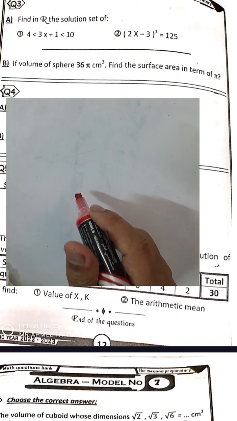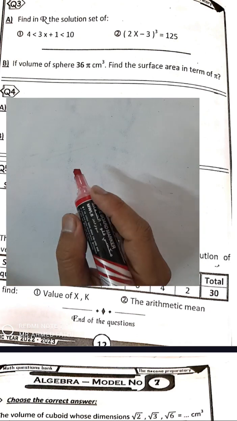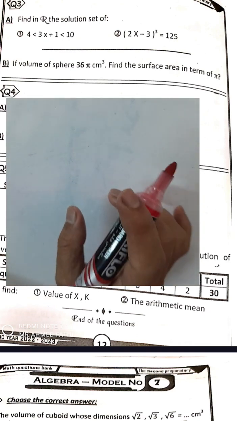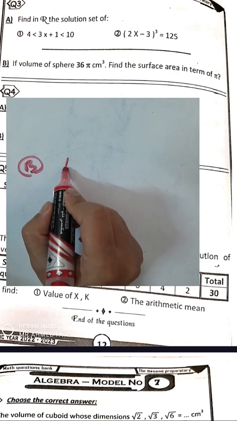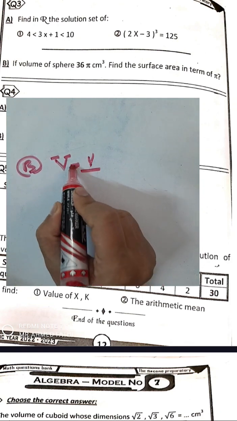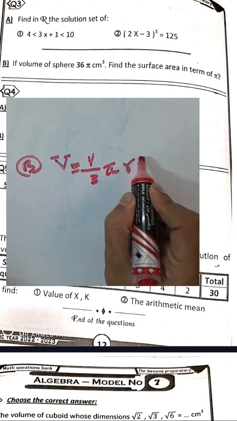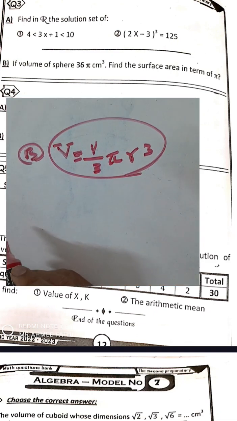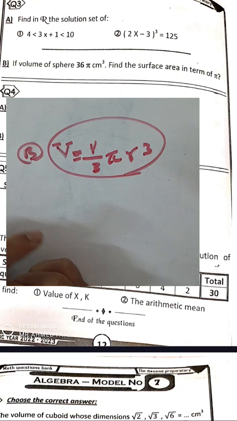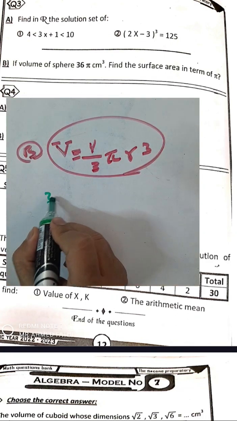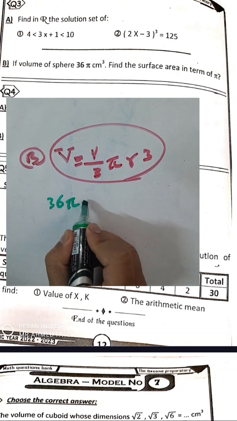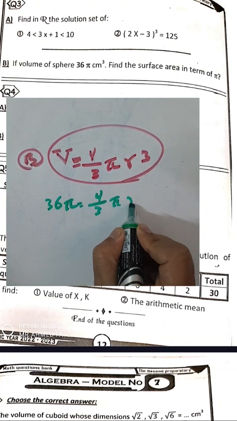Question letter B. If the volume of a sphere equals 36 pi cubic centimeters, find the surface area in terms of pi. First step, he gives us the volume of the sphere. We know the volume of a sphere equals 4 over 3 pi r power 3. Then you can write 36 pi equals 4 over 3 pi r power 3.